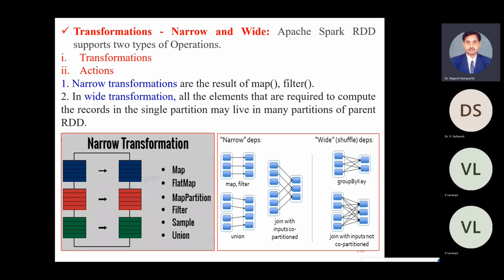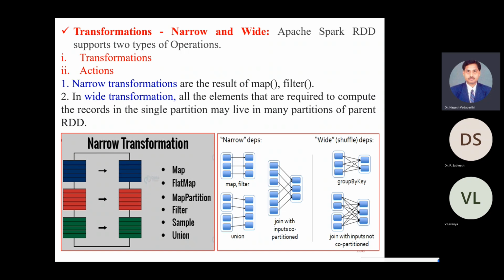Next, what is meant by transformations? Transformation is nothing but converting a file from one format to another file format. There are two types of transformations, narrow and wide. In narrow transformations, we use map and filter, which perform small tasks.